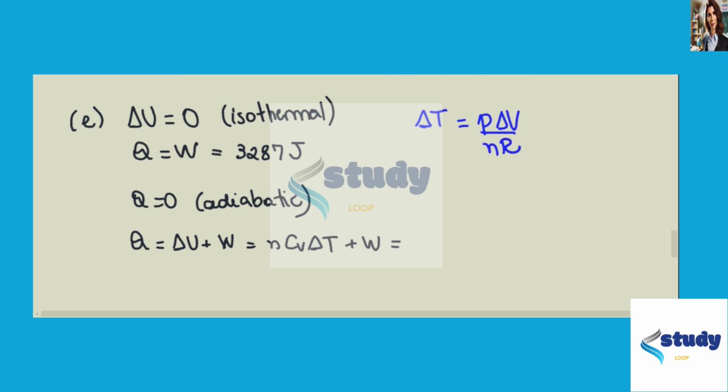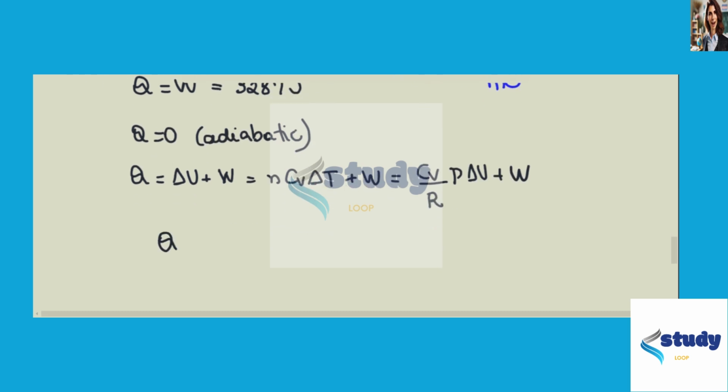So nCV delta T is CV over R times P delta V. Let me write this explicitly.